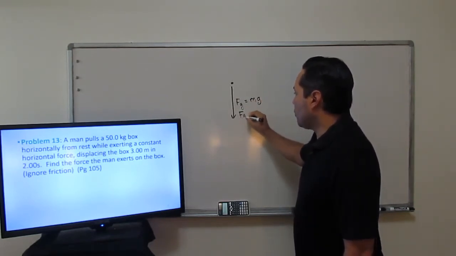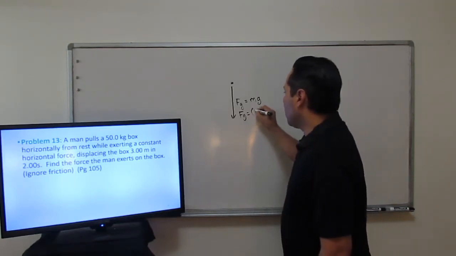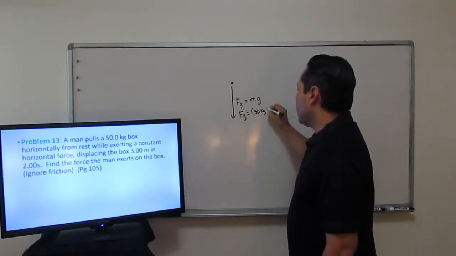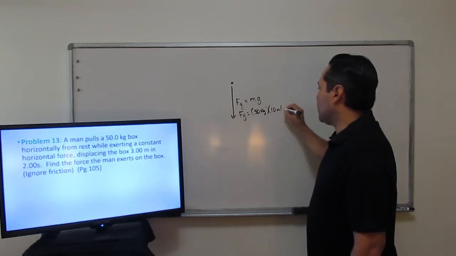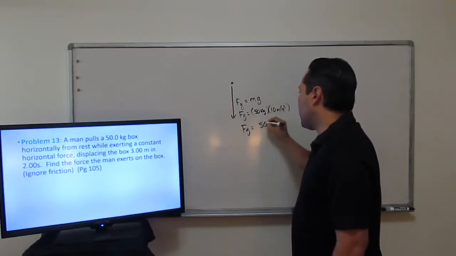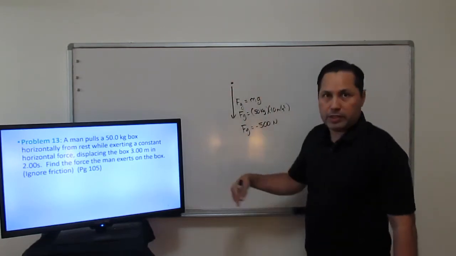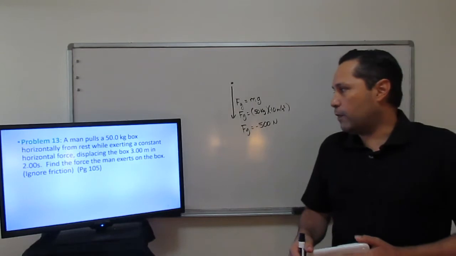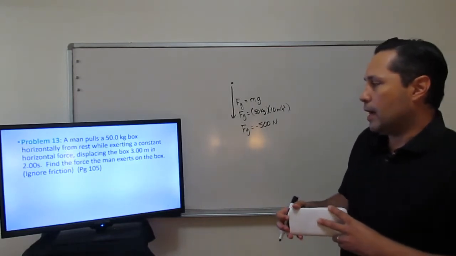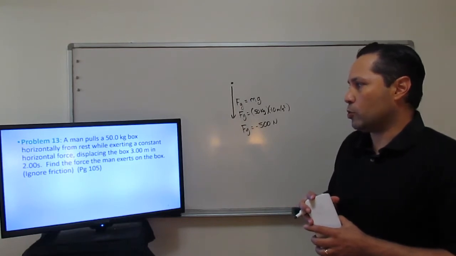So force due to gravity is 50 kilograms and 10 meters per second squared. So force due to gravity is 500 newtons. I'm going to label that negative because it is in the downward direction. So negative 500 newtons.